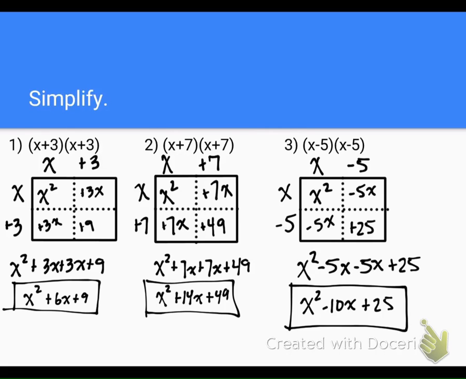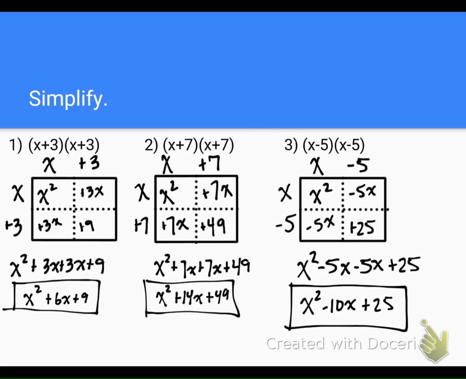So this shortcut works when we have the same binomial. You see how this is the same binomial being multiplied by itself. Okay? This only works when you have the same binomial being multiplied by itself. Turn to your neighbor and explain, when does this only work? When the binomial is multiplied by itself.